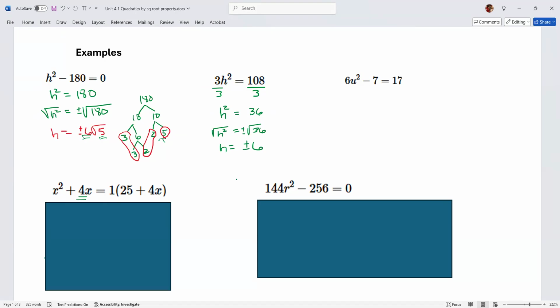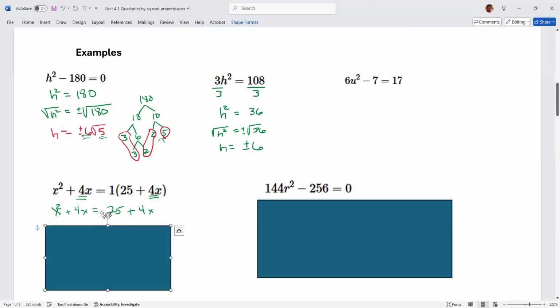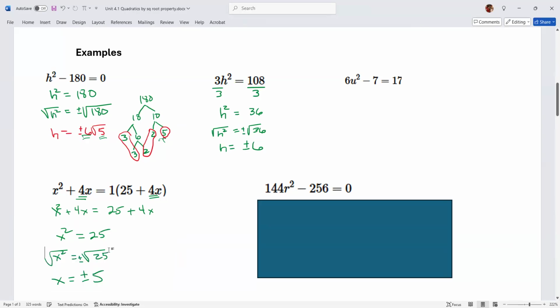But in this particular case, the x term is going to drop out when we distribute the 1, which doesn't change anything. We're going to end up with x squared plus 4x is equal to 25 plus 4x. And then when I isolate the x squared term and I subtract 4x, the x terms cancel out, leaving me just 25. And so then you just take the square root of both sides, and you get plus or minus 5.